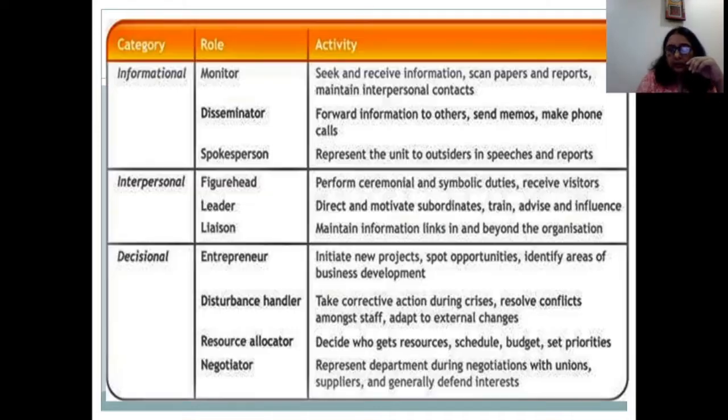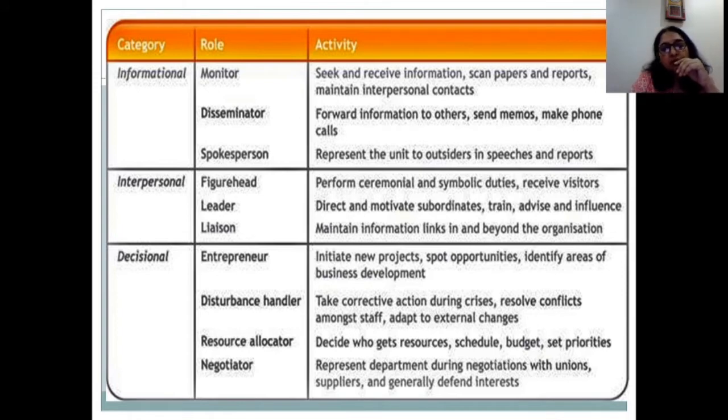Under the informational role, the manager monitors the external environment for receiving a wide variety of information. As a disseminator, he has to transmit this information to others. Now, as a spokesperson, the manager has to represent his department or the organization to the outsiders, maybe through speeches or it can be through reports.